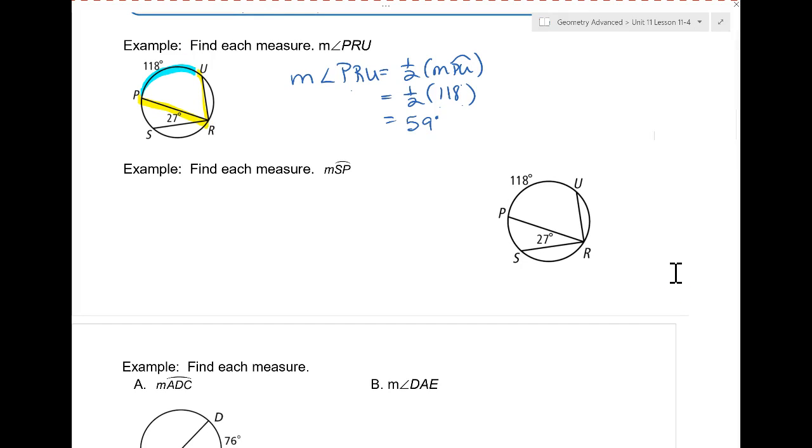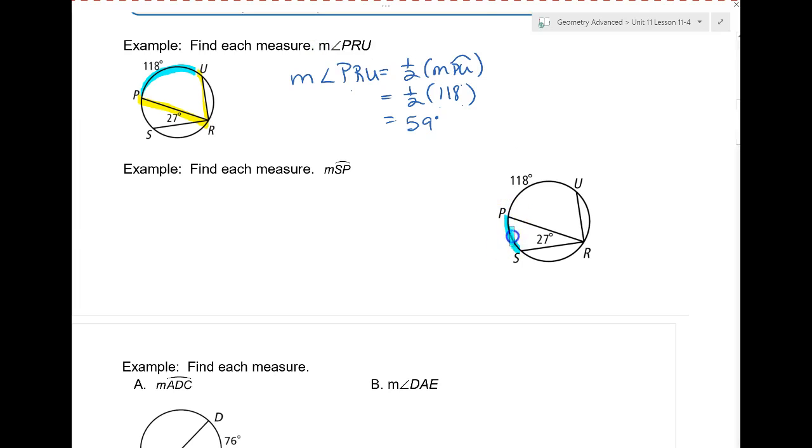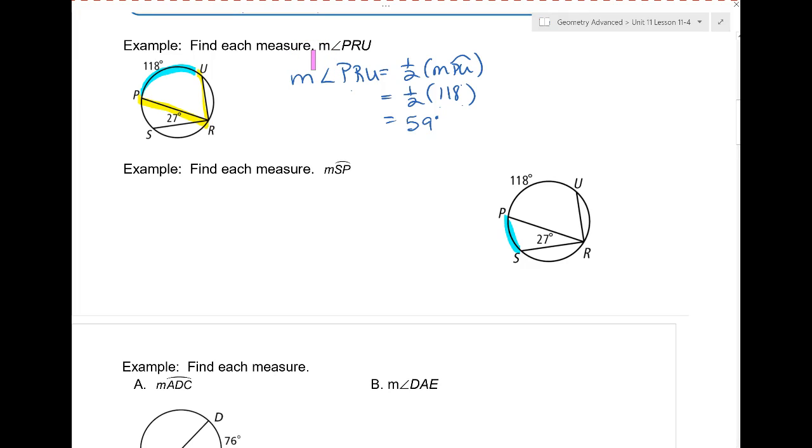Look at the next one. It says, find the measure of arc SP. Now, if I look for it this time, I'm like, okay, here's my arc. I want to know its measure. Well, then you see, all right, what angle subtends it? Which angle helps form it? Well, guys, what angle helps form arc PS? Yeah, angle PRS.